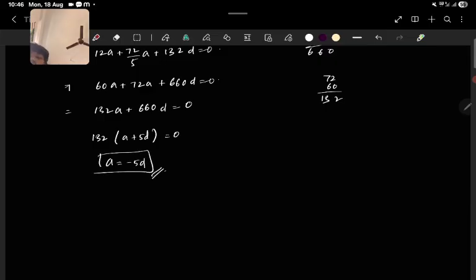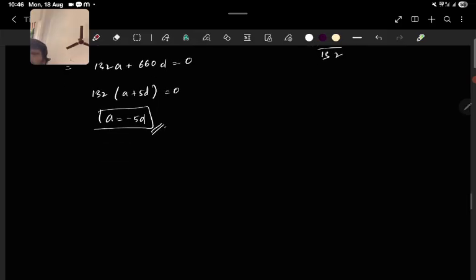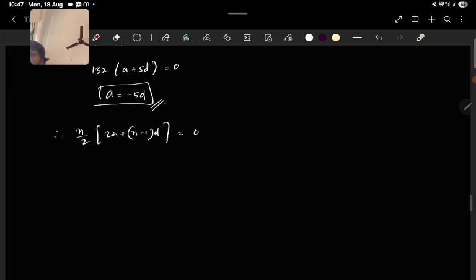This is the a value we had, and we need to find the n value. So simply put it over there: n by 2 times (2a plus (n minus 1) into d) is equal to 0.